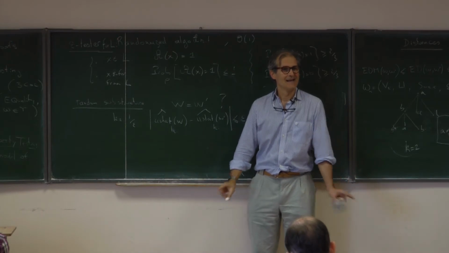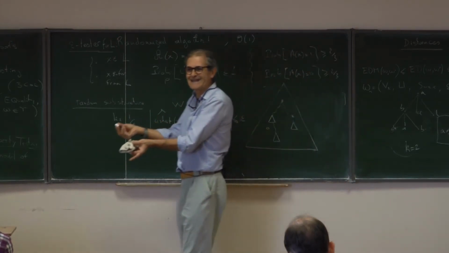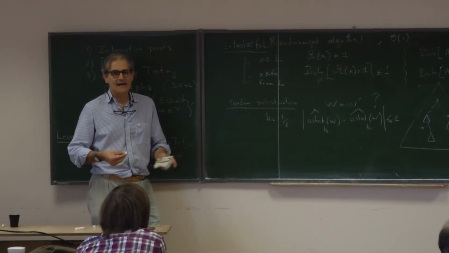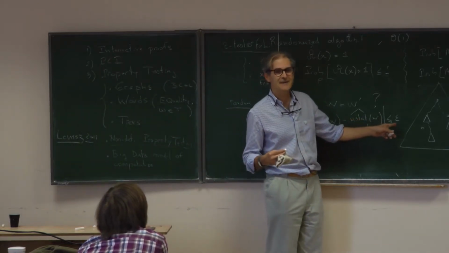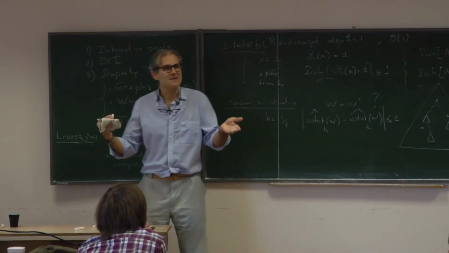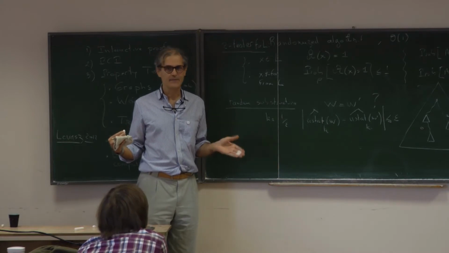That's it. What we proved is that if the words are identical, the distance will be 0, and it's correct. And if they are far apart, with high probability, this will be bigger than epsilon. And if they are close, maybe you're lucky, maybe you're unlucky, but you can't guarantee anything.